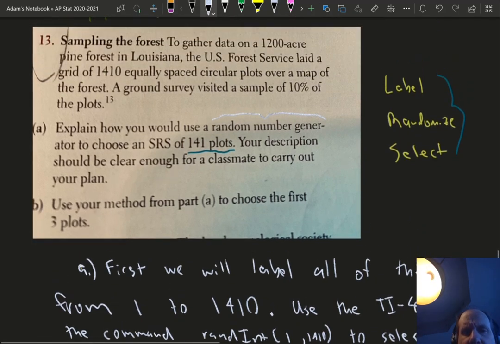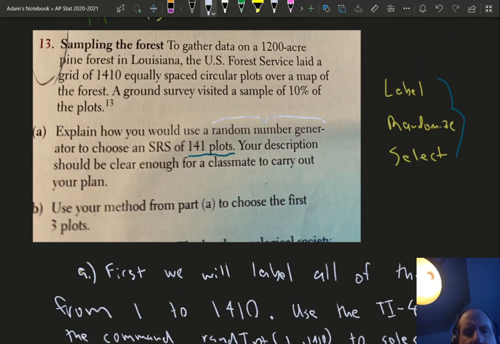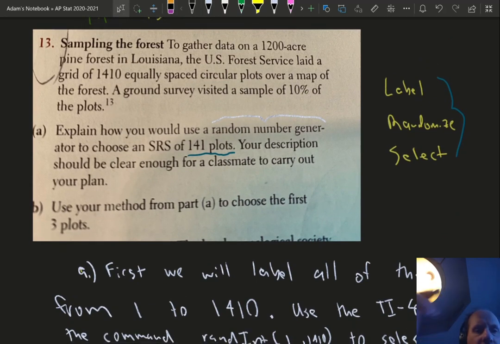So in this case, you have to ask yourself, does it matter if I have a repeat? Because remember, repeat was an issue before. So we always have to look at the problem and see.